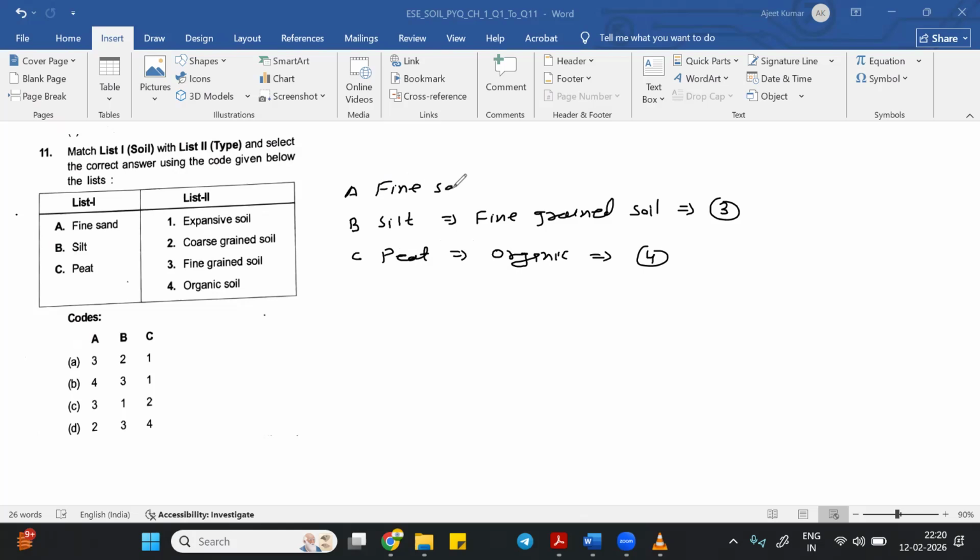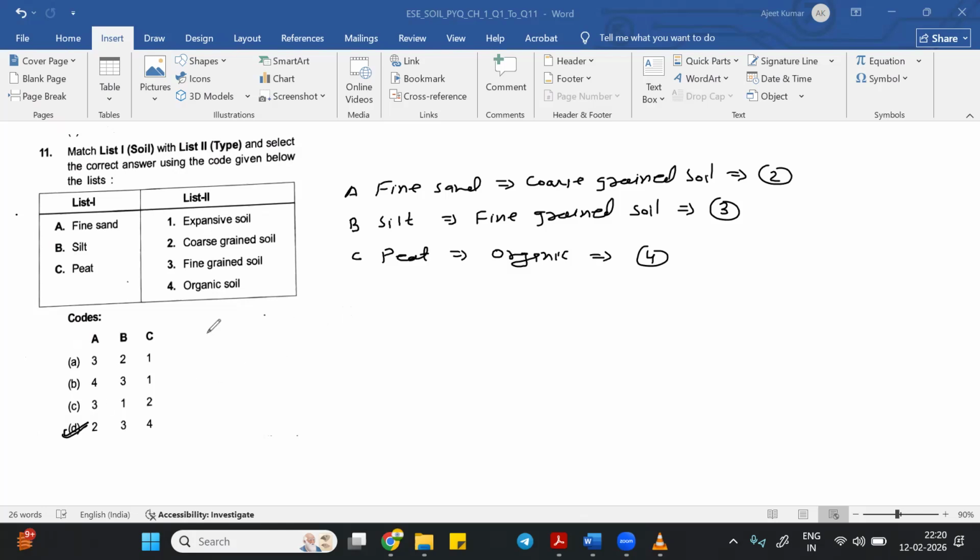Sand is not expansive soil, so it will automatically match with coarse grained soil, which is 2. So this will match with 2, 3, 4. Option number D will be the correct answer for 11.